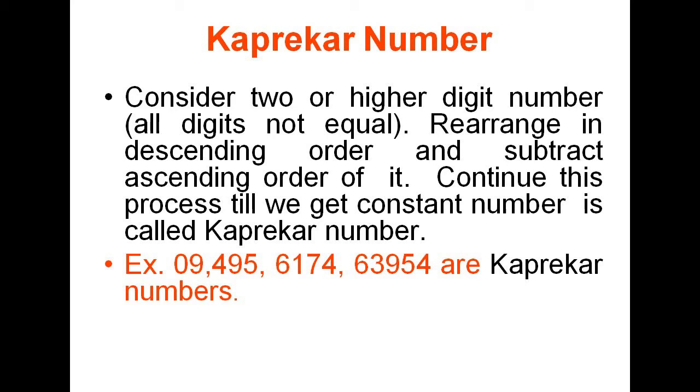These are some Kaprekar numbers for 2 digit, 3 digit, 4 digit, 5 digit. In 5 digit we get another Kaprekar number also. How do we find this Kaprekar number?